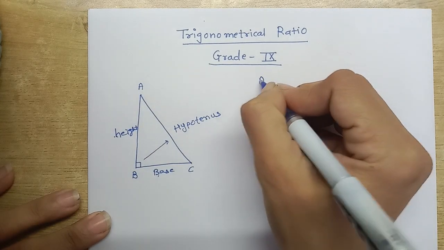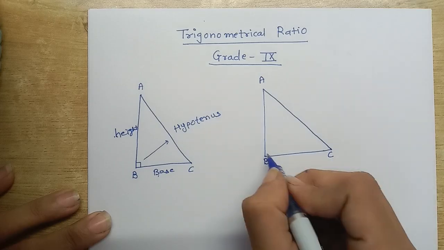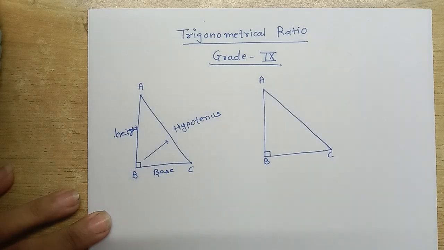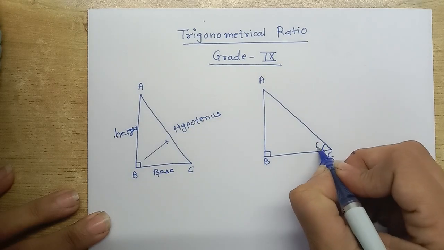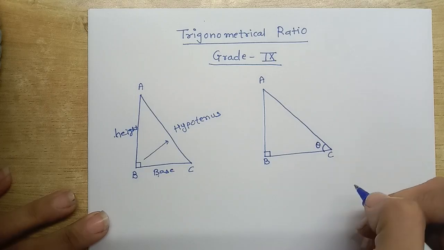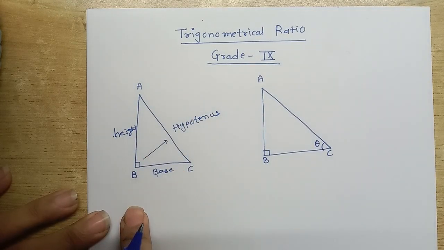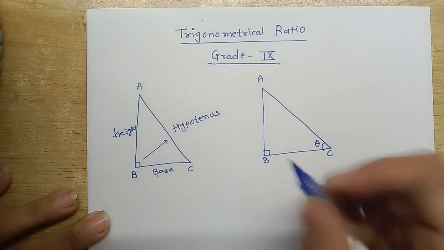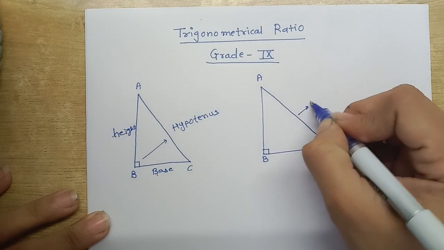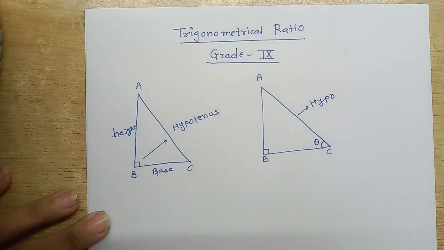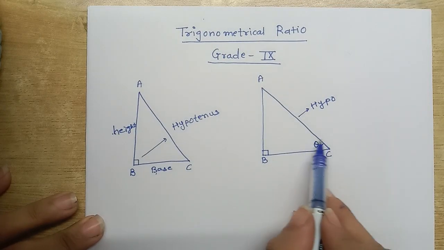Suppose here triangle A, B and C is given. The right angle is at B and the notified angle is theta, which is at C. We have discussed that the opposite of the right angle is the hypotenuse, which never changes. Here it is AC, so this will be the hypotenuse. Now the notified angle here is theta.